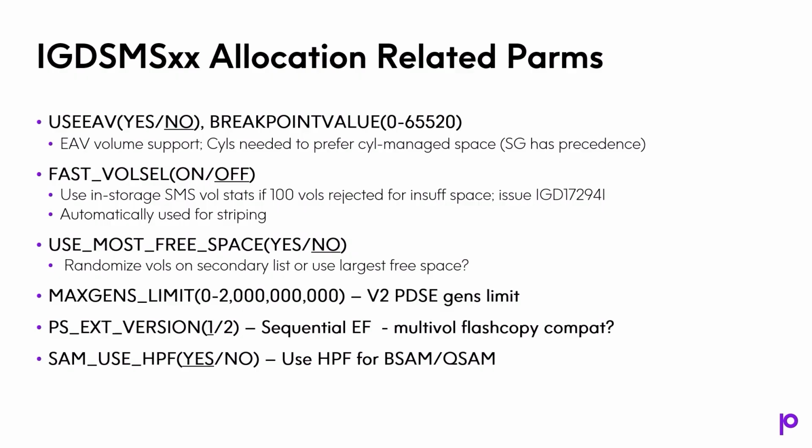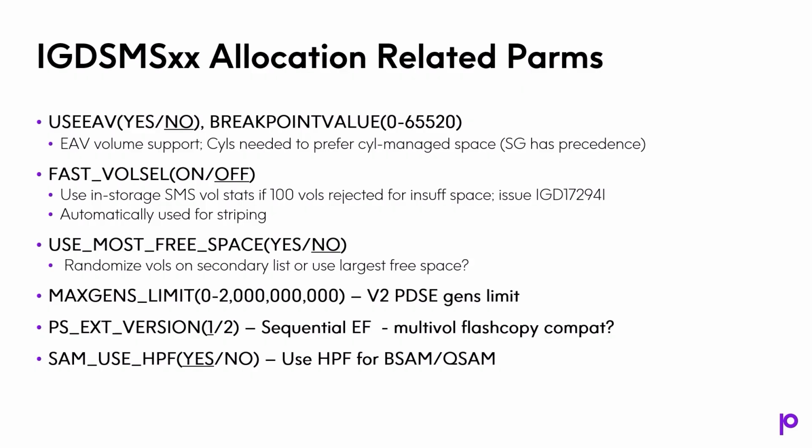So there's a bunch of other parameters related to how data sets are allocated, and these are probably the ones of most interest for the storage administrator. Probably the biggest of these is, am I going to use extended addressing volumes, yes or no?